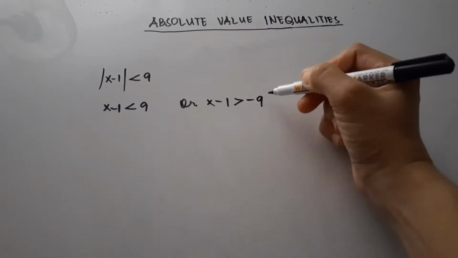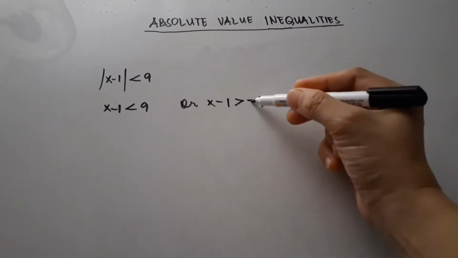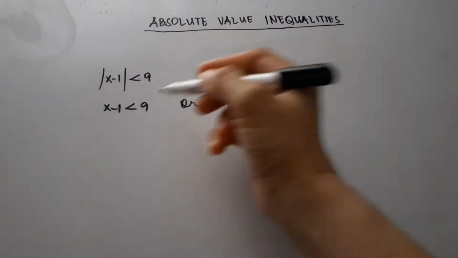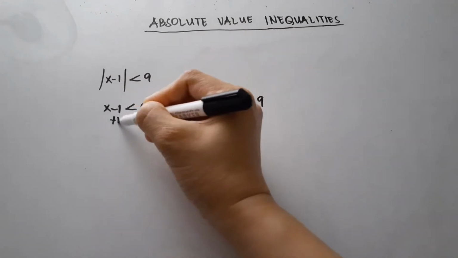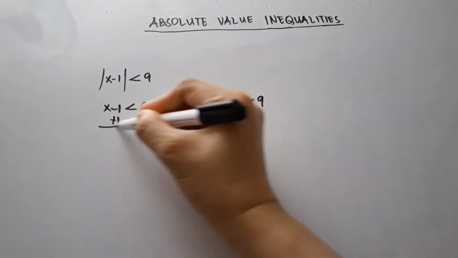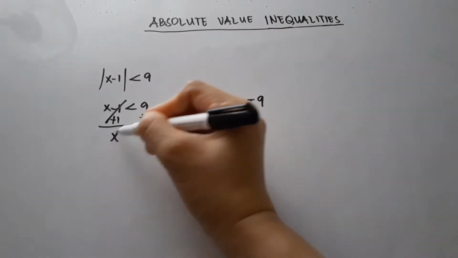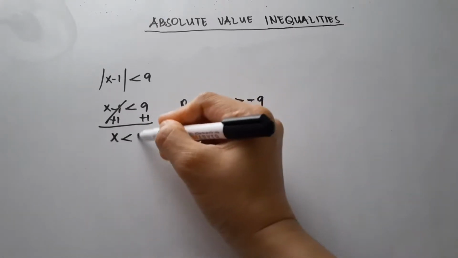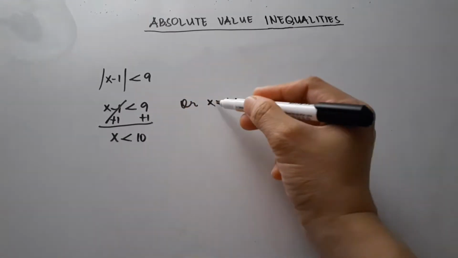Remember that when we use the negative sign, we change the direction of the inequality. So we have to solve. The value of x here is x is less than 10.